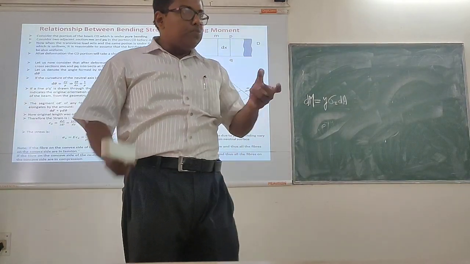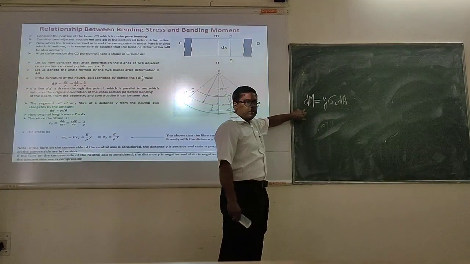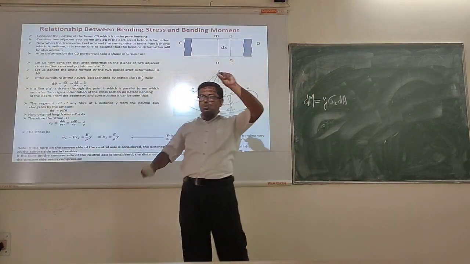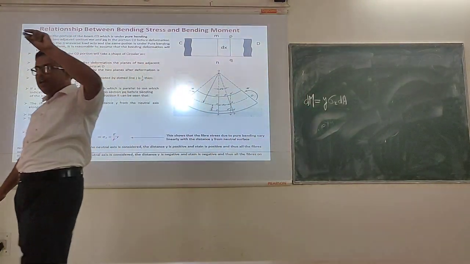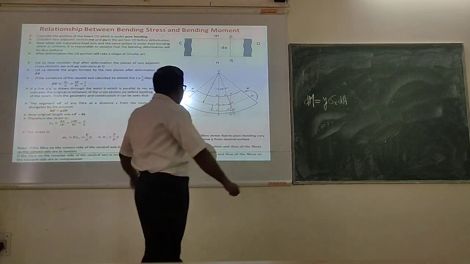Correct? So this moment should be equated to the integral of this moment, means total moment. So in that small area dA, the moment is dM. So over the area if I integrate, total area if I integrate, then what will I get?